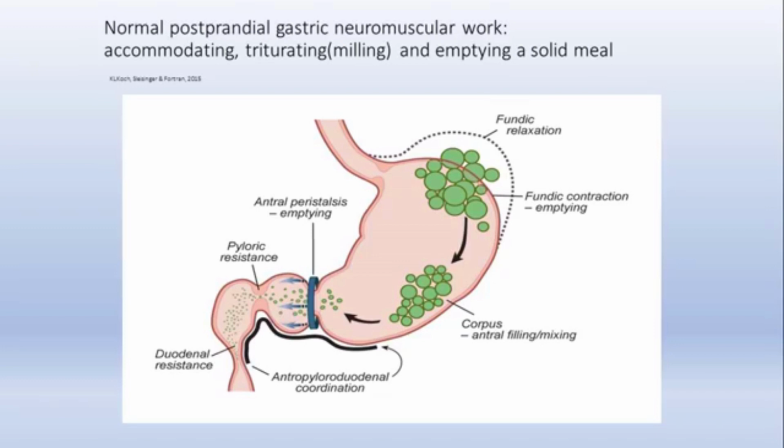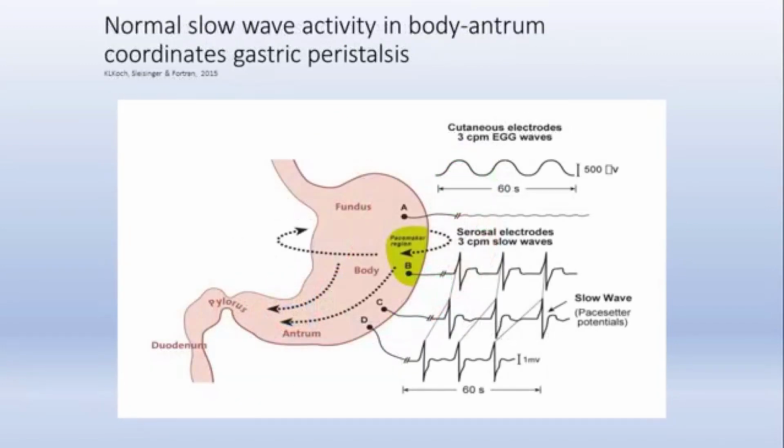It requires some antroduodenal coordination. This is a very important physiology. This is because this is how we obtain our nutrition. It's extremely important, and that's why these contractions are paced. The stomach has a pacemaker rhythm. It's got a pacemaker region.